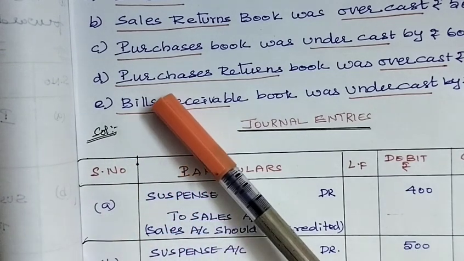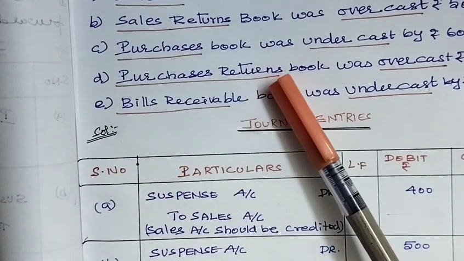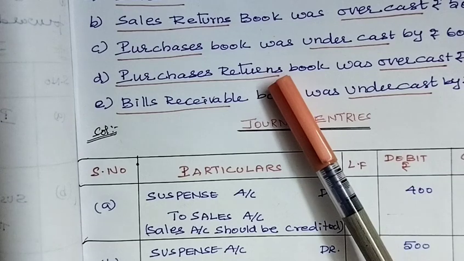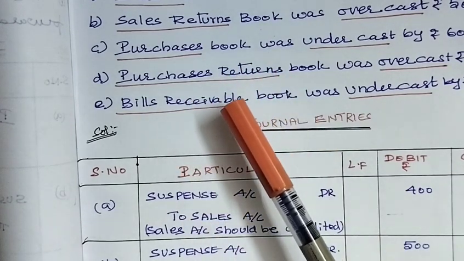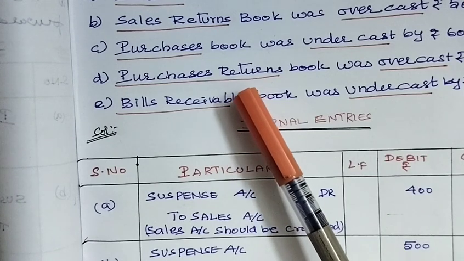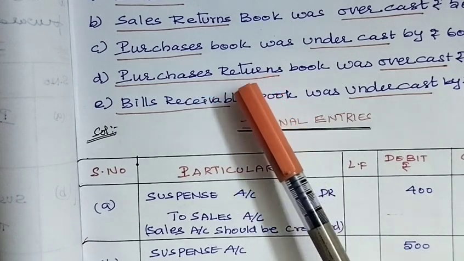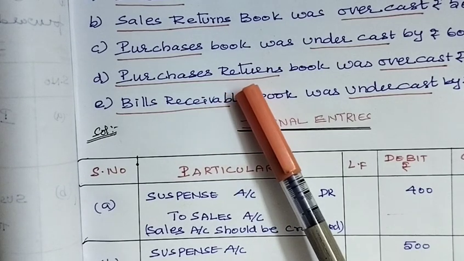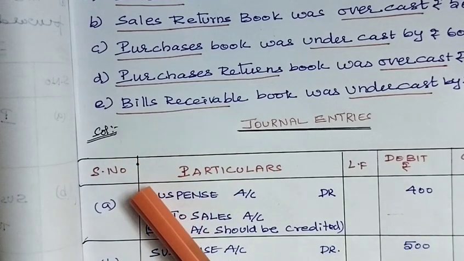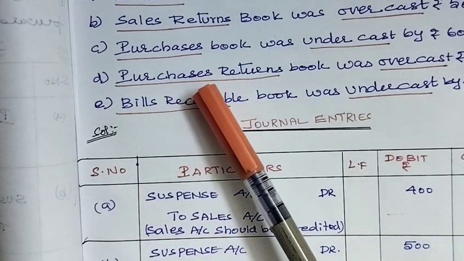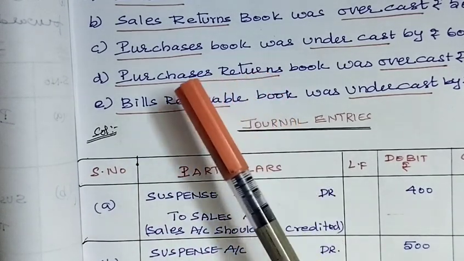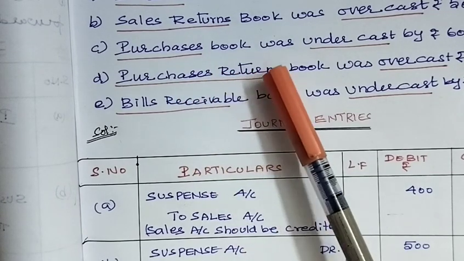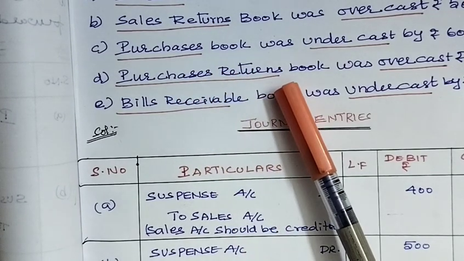What is the original entry? Purchases account is on the debit side, and purchases return, just opposite, will be credited. This is the original entry.